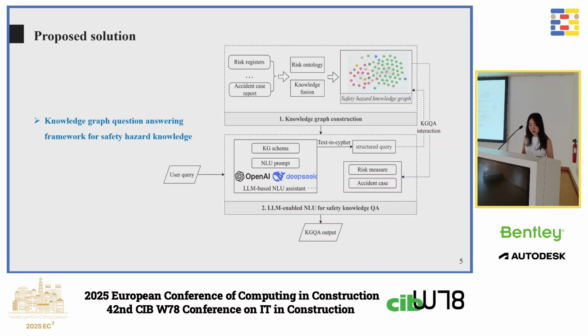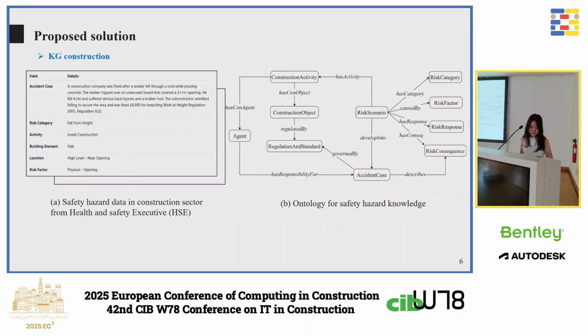And in the second part, we develop a language model-based natural language understanding assistant. It enables the users to search the knowledge graph and return the answer. The returned answer could be the risk measure or a relevant accident case, depending on the specific use case.